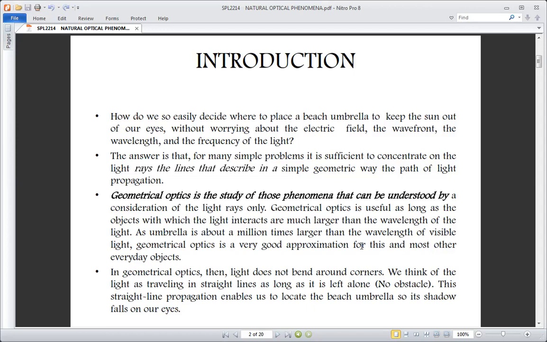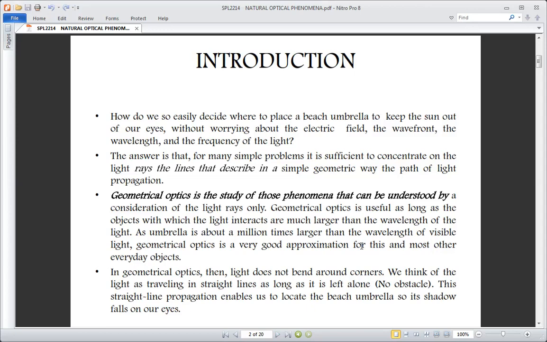But when you have an object that is too small or maybe comparable to the wavelength of light, then that will not prevent rays from reaching your body, but instead it will create other optical phenomena like diffraction, and so it will just spread the same way you have sound waves spread around obstacles, and that is an effect that is known as diffraction. So the importance of this slide here is just to compare, when you talk about light, you talk about light in terms of wavelength that is in the range of nanometers.